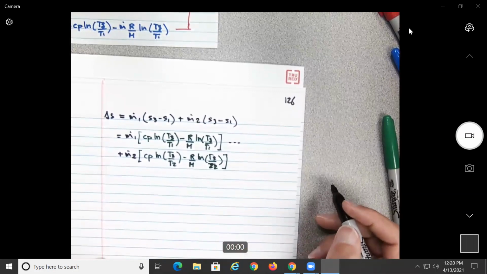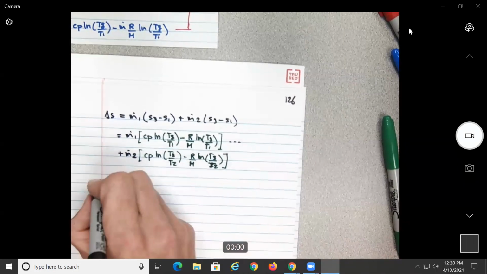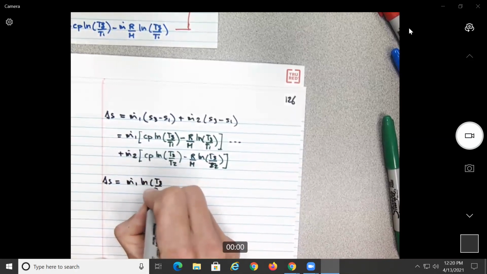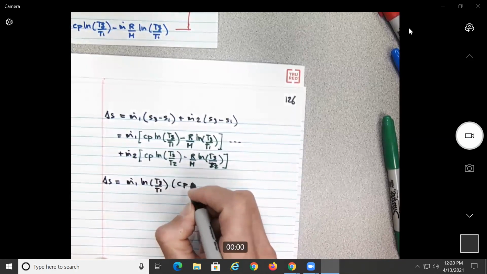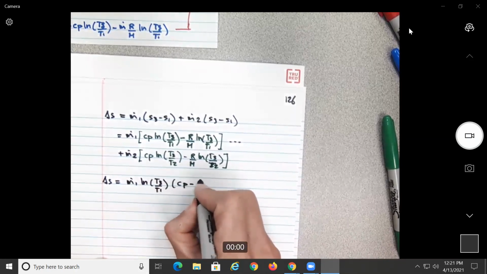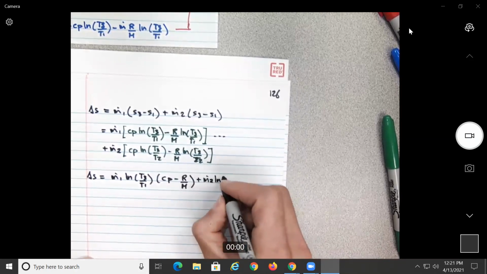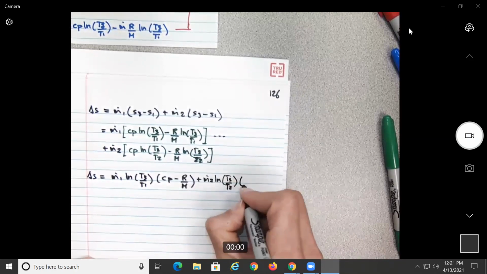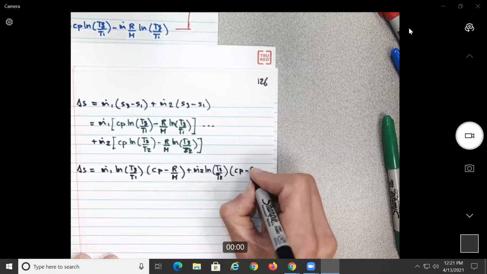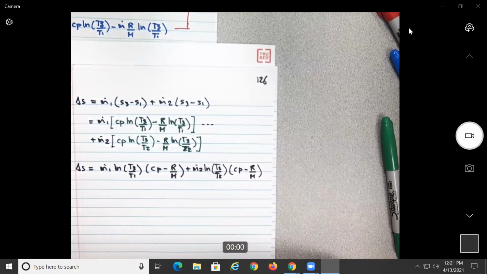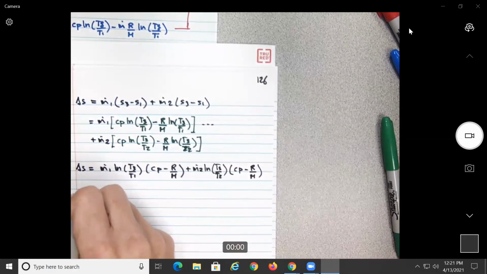I mean, if you want, we can rearrange this. Delta S will be equal to m dot 1 log T3 over T1 times Cp minus R over M, plus m dot 2 log T3 over T2 times Cp minus R over M. Or, we can keep going as long as you want.